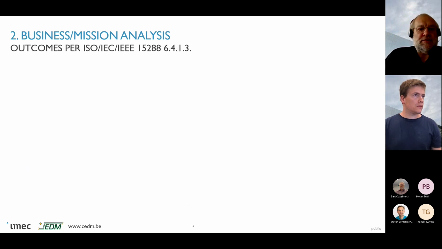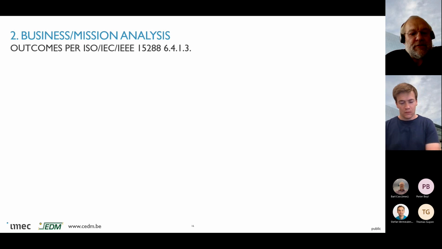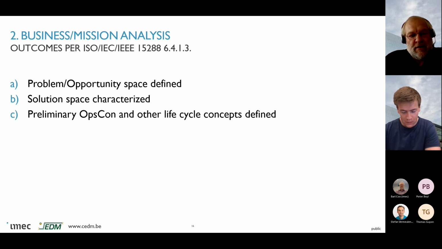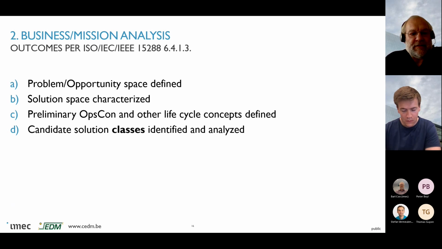The outcomes of the business mission analysis are the following. We have the problem opportunity space defined. The solution space is characterized. We have a first idea of the operational concept and the other life cycle concepts. We have candidate solution classes identified and analyzed.